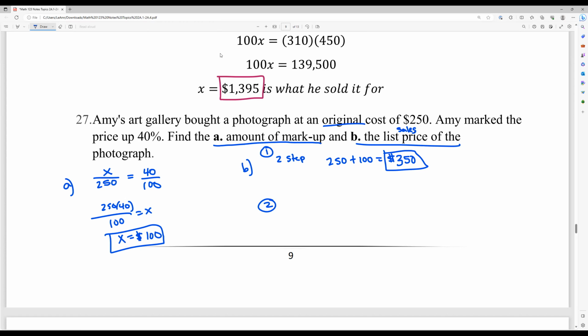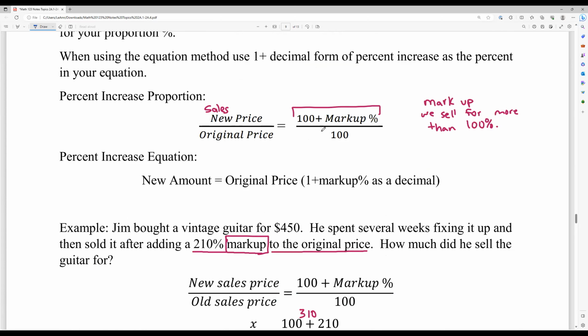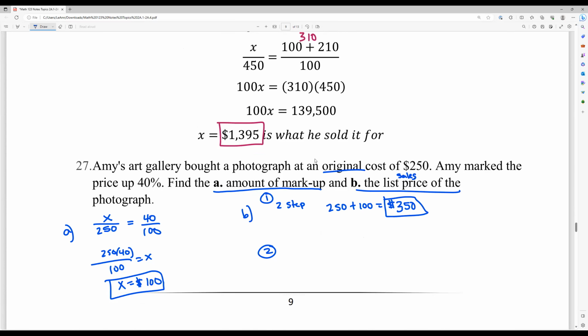But if I had been doing part B only and not doing part A, I would do the markup percentage using this percent increase version. So my new price, which is what we're going to sell it for, over my old price is 100% plus 40%. So 140% of the original over the original percentage, which is, again, it's wholesale, so it's 100%.